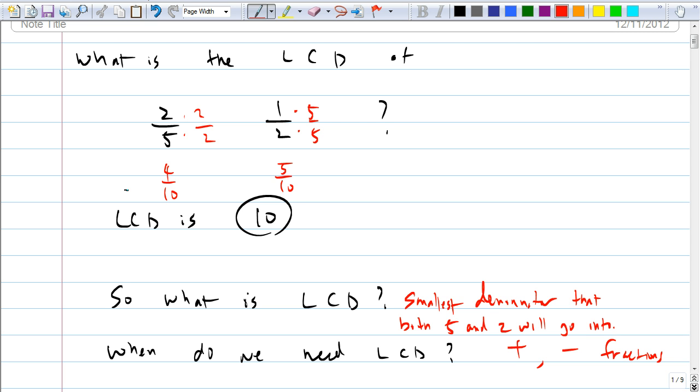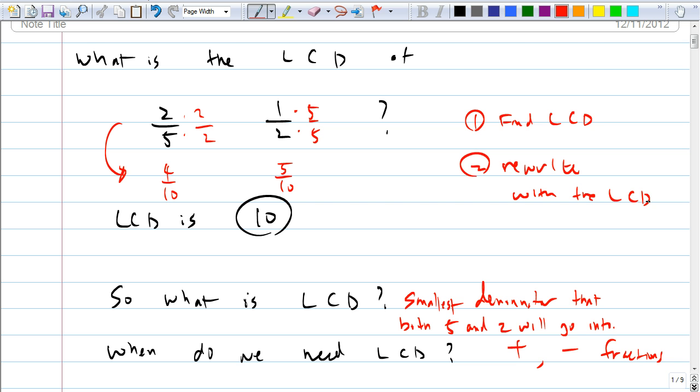For tonight's homework, they're not going to ask you to add and subtract. All they're going to do is rewrite them with this LCD. That's all they're going to ask you. Guess what they're going to ask you tomorrow? They're going to ask you to add and subtract them tomorrow. But just today, all they want you to do is find the LCD, and secondly, rewrite with the LCD.